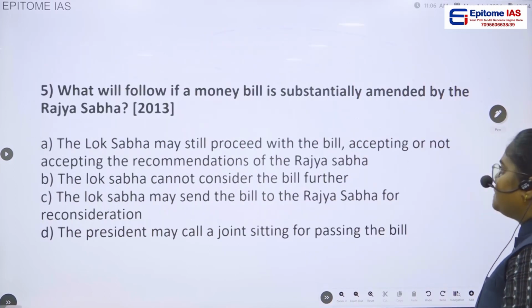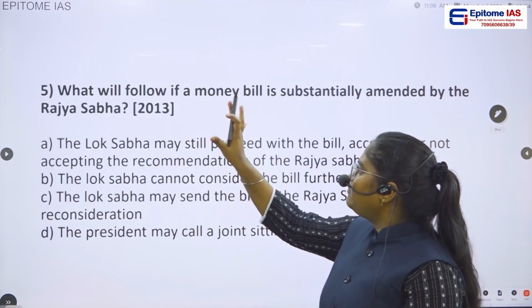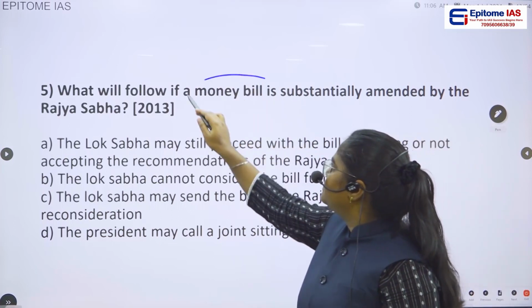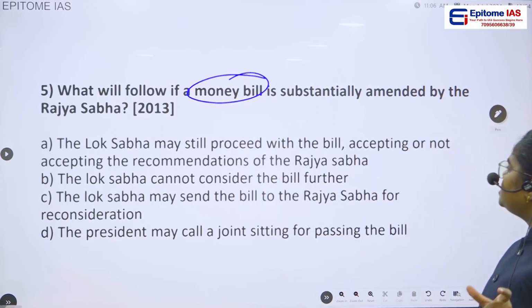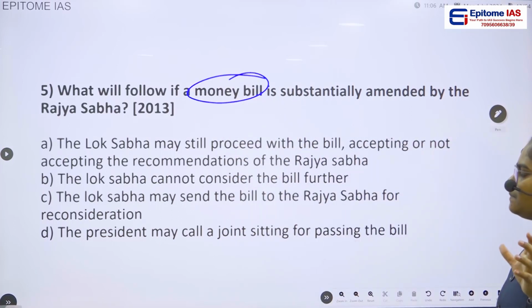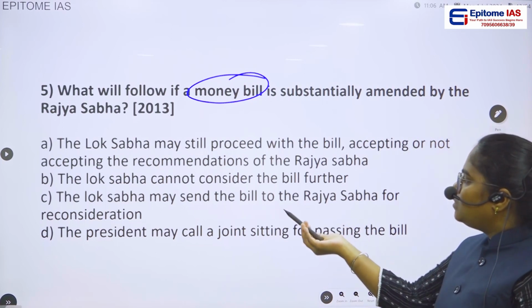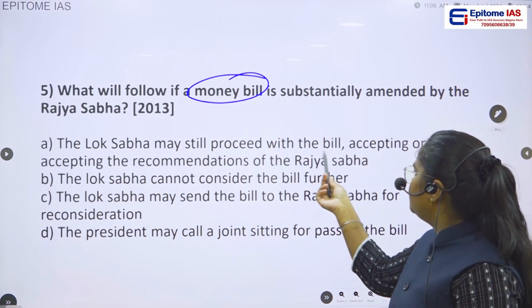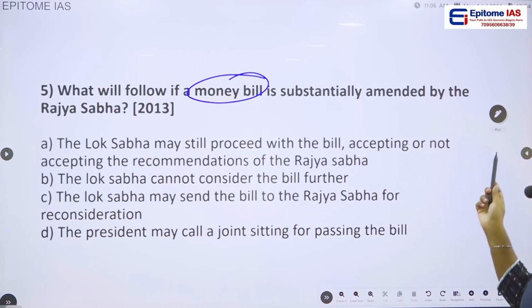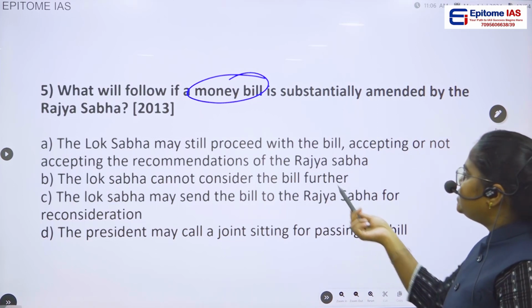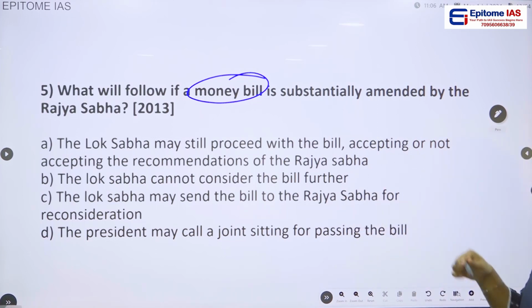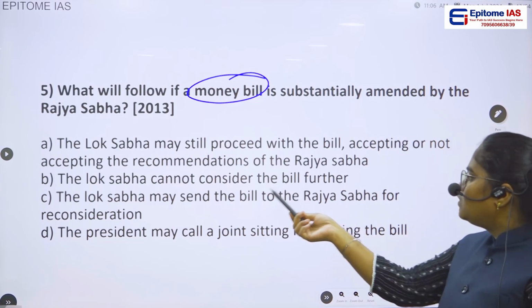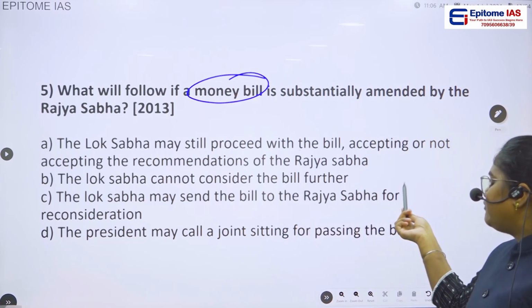Okay, then next question: what will follow if a money bill is substantially amended by the Rajya Sabha? Option A, the Lok Sabha may still proceed with the bill, accepting or not accepting the recommendations of the Rajya Sabha. Option B, the Lok Sabha cannot consider the bill further.